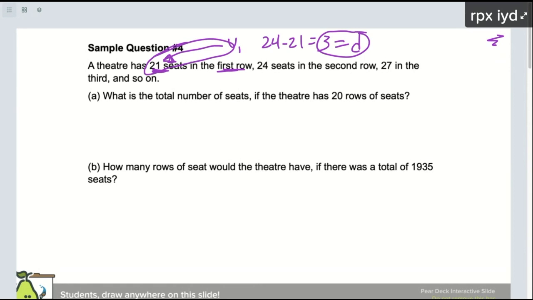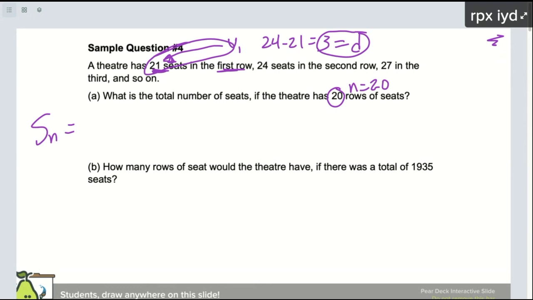And then it says, what is the total number of seats if the theater has 20 rows of seats? That's the sum. I want to know the total number of seats. So if I have U1, the common difference, and N, I know N equals 20, that means I'm using that one formula that we just used. That's going to be Sn equals, again, this is a formula you don't memorize.